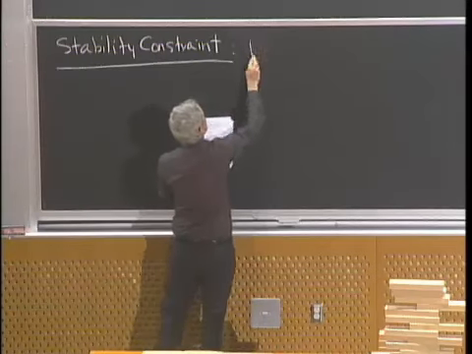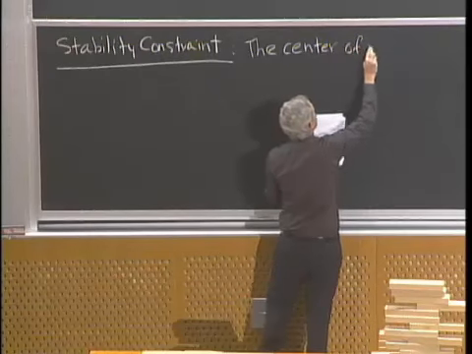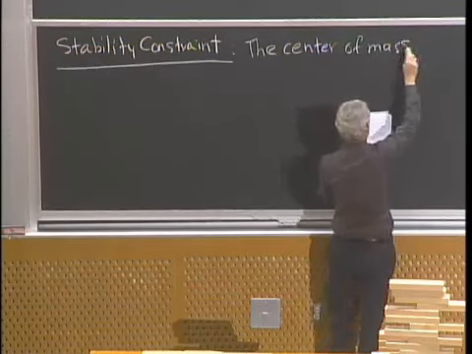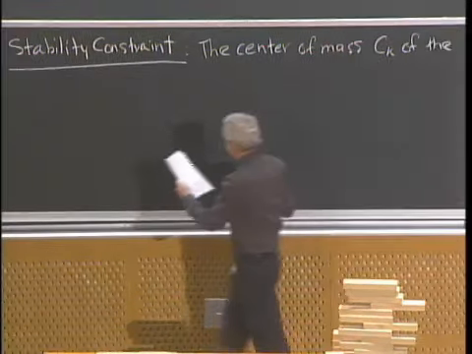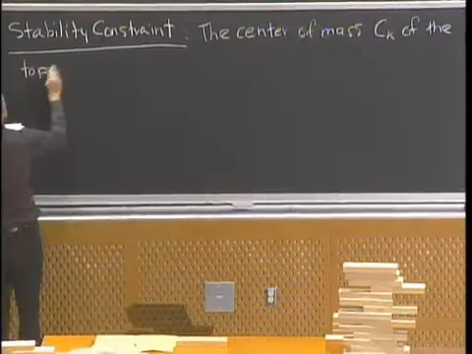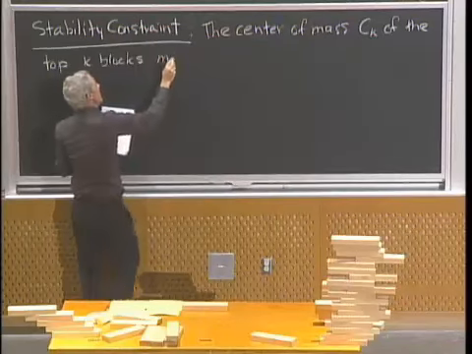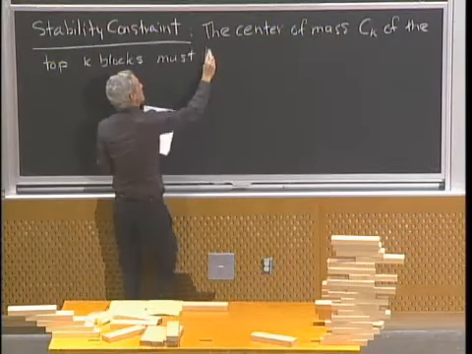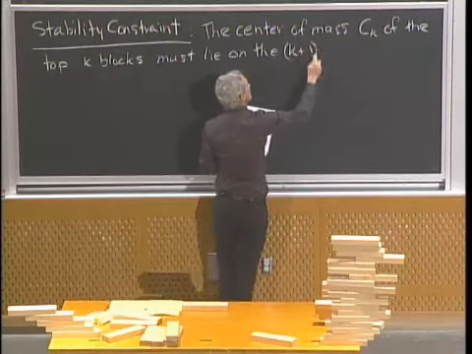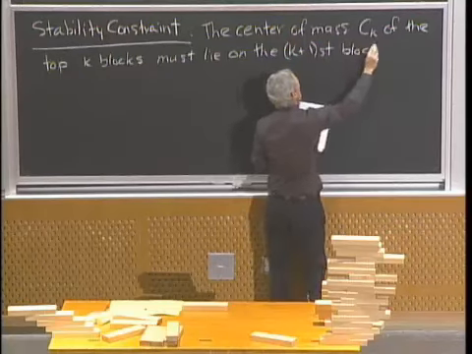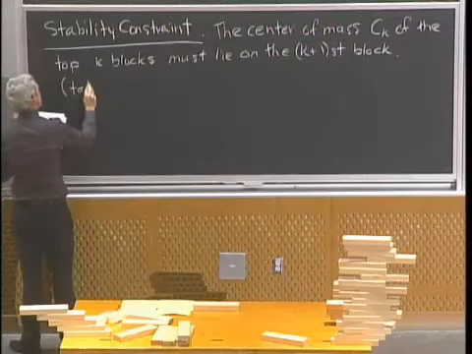The stability constraint says that the center of mass, we'll call it CK, of the top K blocks must lie on the K plus first block, otherwise it'll tip over. And of course, the table is block n plus 1 in this context.